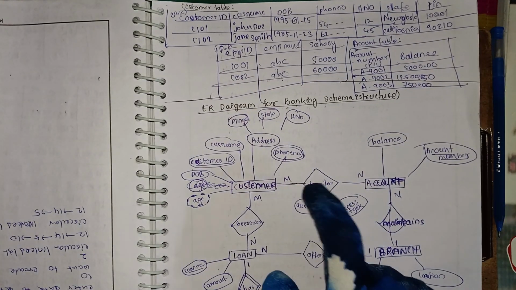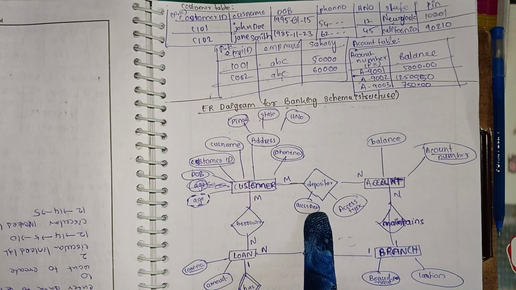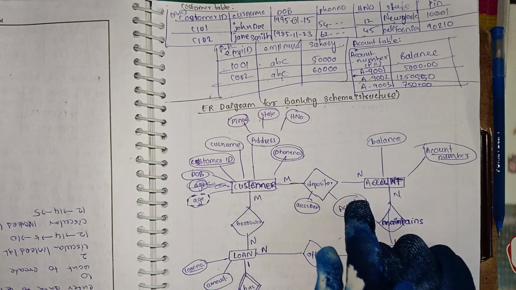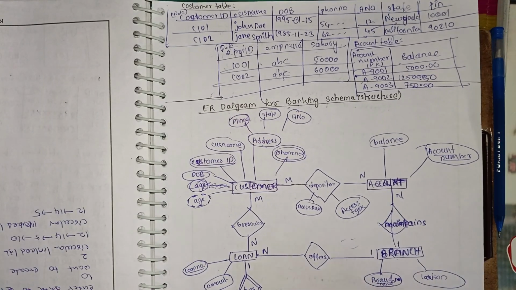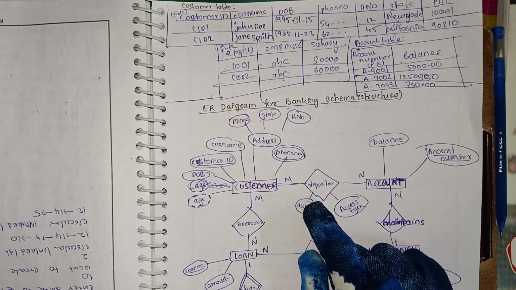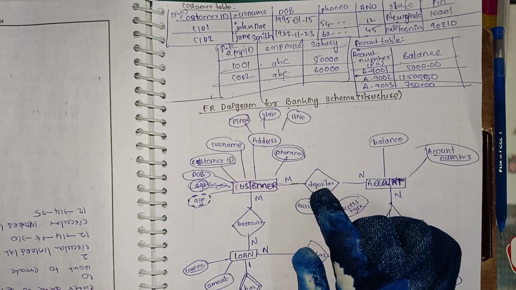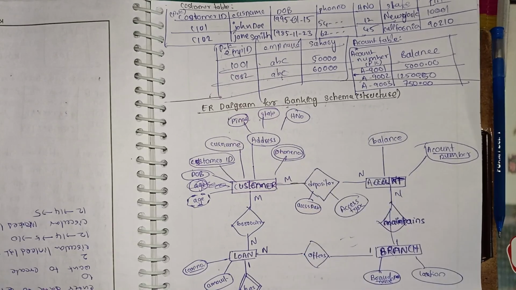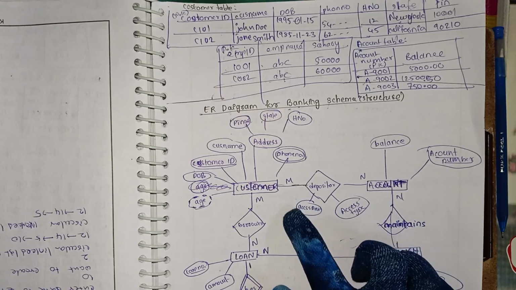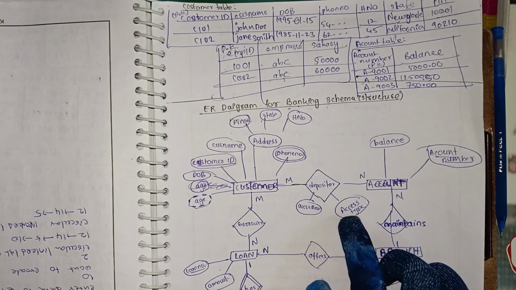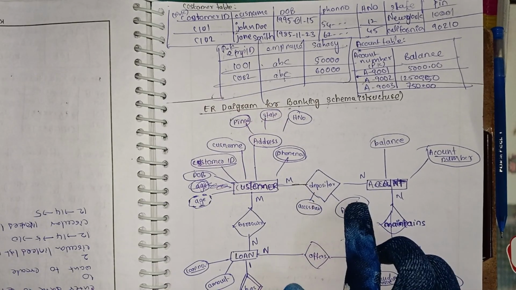This relationship is treated as an entity, so that's why it has attributes, meaning columns. Because it is treated as an entity, it has columns. The relationship has columns.